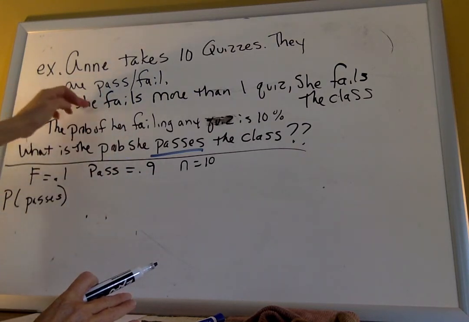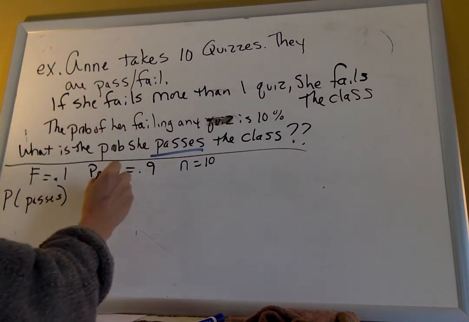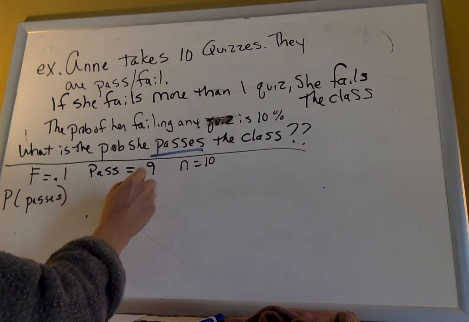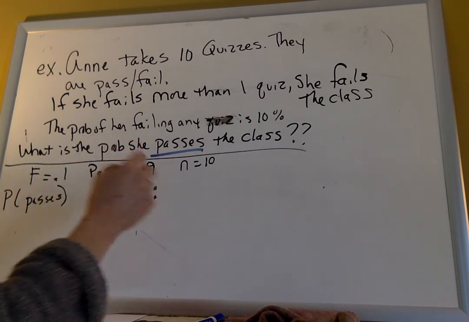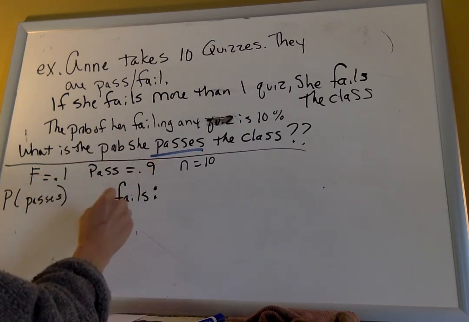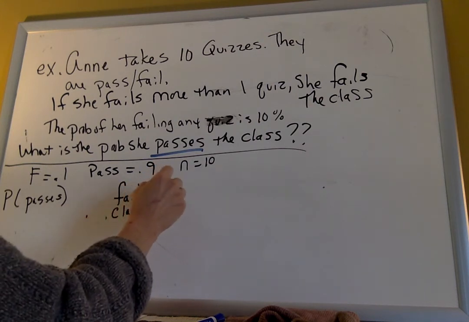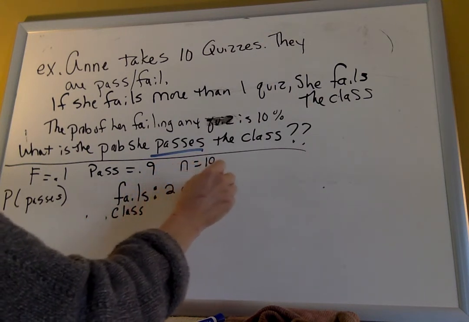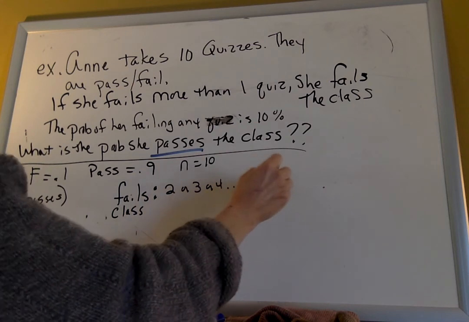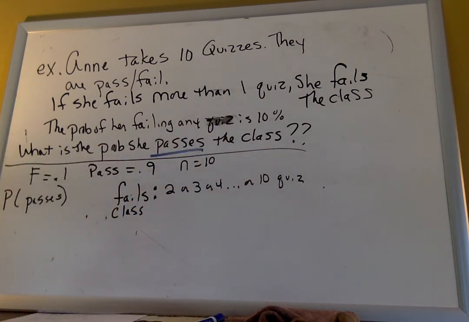If she fails more than one, let's write out what that means. She's going to fail the class if she fails 2 or 3 or 4 or all 10 quizzes. That's the definition of failing the class. Well, then anything else is passing the class.